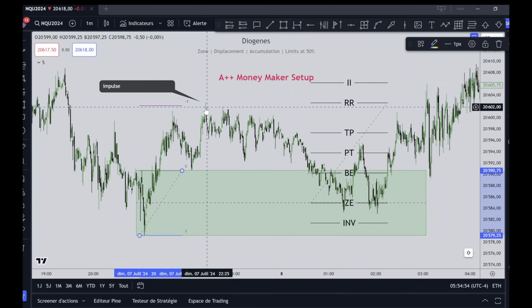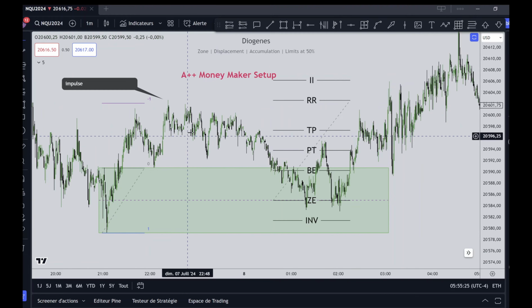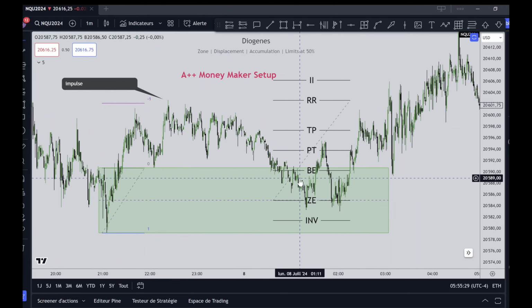And since the impulse reached -1, we can say that we left this zone with displacement, okay? And this first step in all this accumulation was what made all of this the accumulation for the A++ Moneymaker zone.